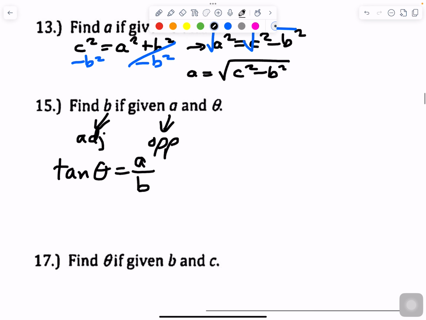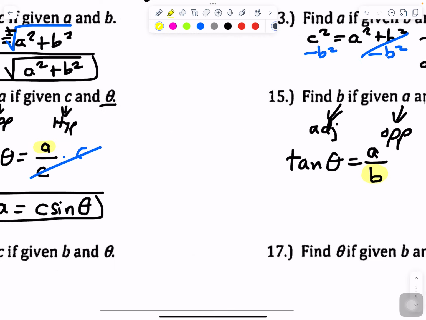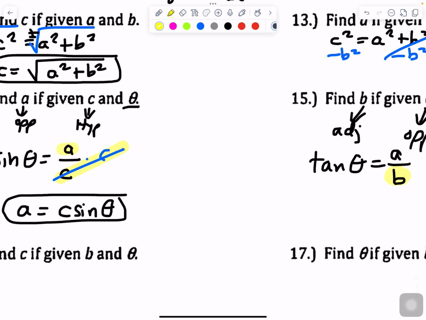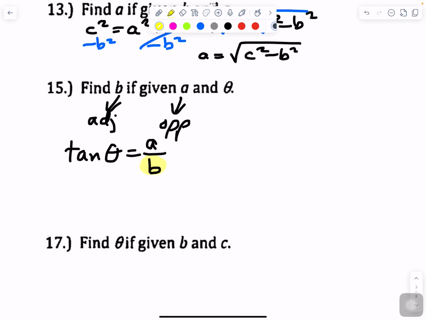Okay, now, we're going to go over this a little bit more in our algebra review, but a nice little shortcut. If you're solving for the numerator, you have to divide by the denominator. But if you're solving for the denominator, there's a nice little shortcut that happens. Let me set up that shortcut for you so it makes sense. If I write that as two ratios equal to each other, and then I do my cross multiply, then I get A times 1 is A equals B times tangent of theta.